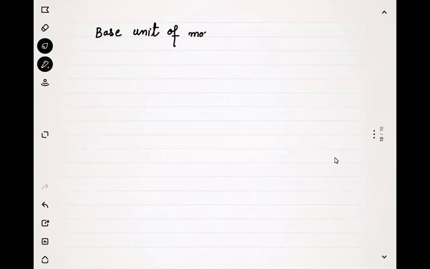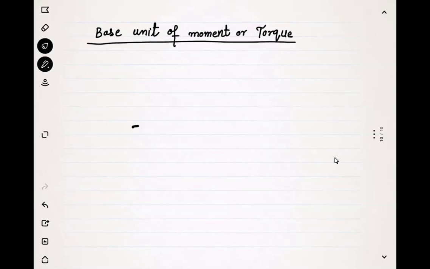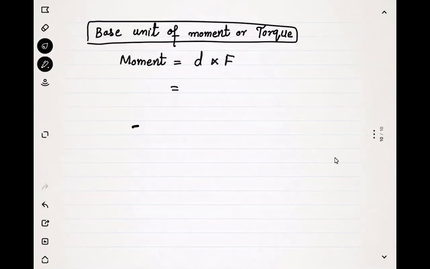The base unit of moment or torque would be, we can write its formula as moment is equal to d cross f.